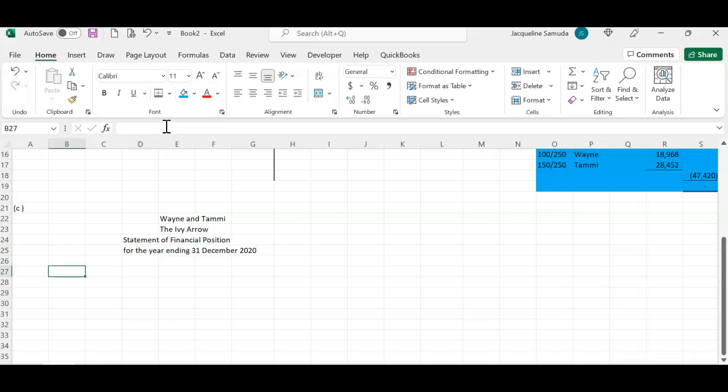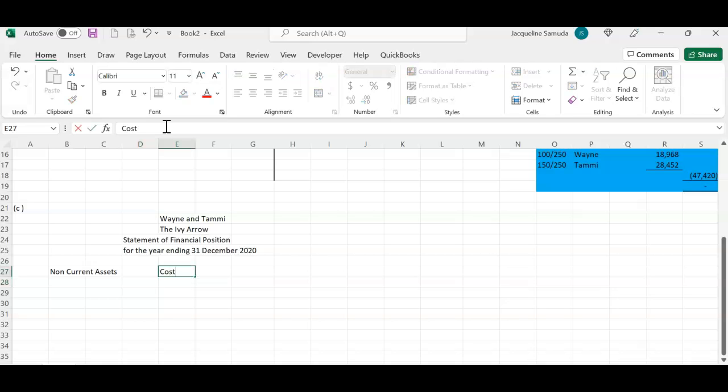All right, so the first category we're going to be putting up is our non-current assets. And there are three labels we're going to use.